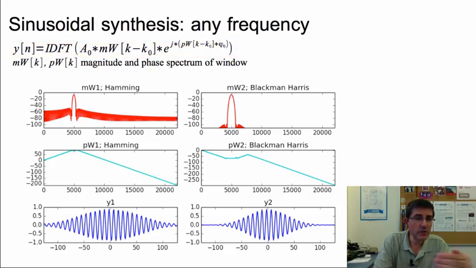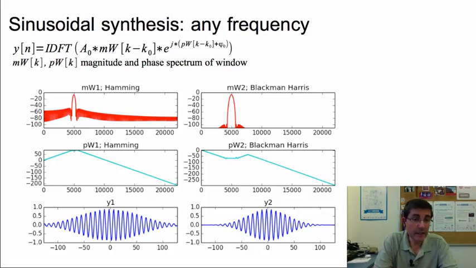The plots show two examples of two different windows. The same sinusoid with a different window applied to it, of course, is expressed with different magnitude and phase spectra. And then when we take the inverse of that, we get nice looking sinusoids, of course, with the window applied to them.